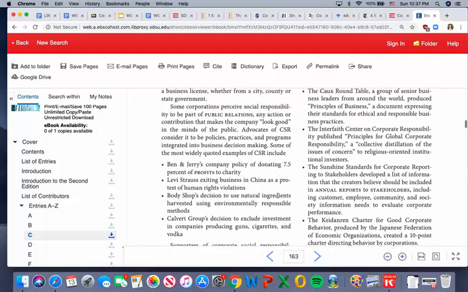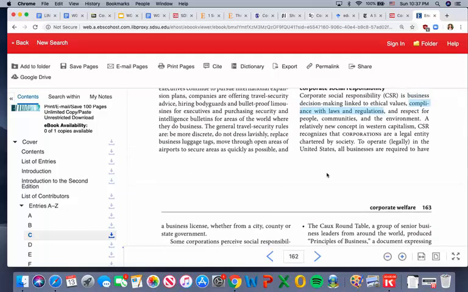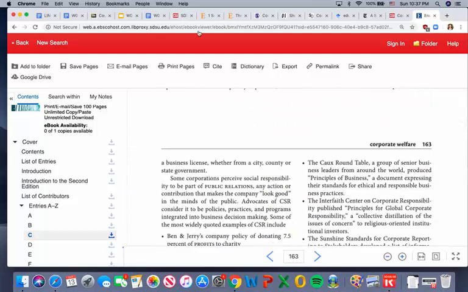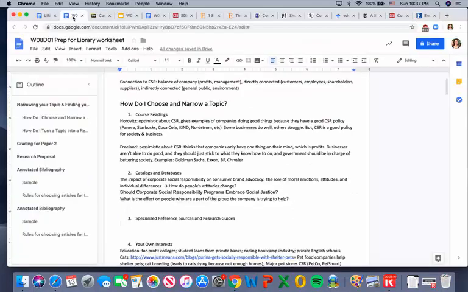So we're seeing more information about this, and this can help us with our topic. It can help us with some of the ideas that we write about later.